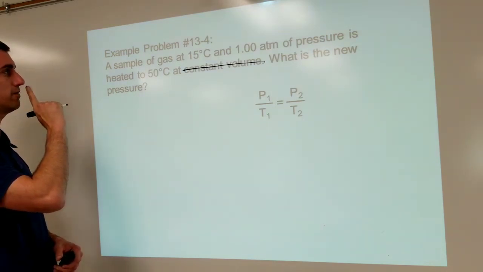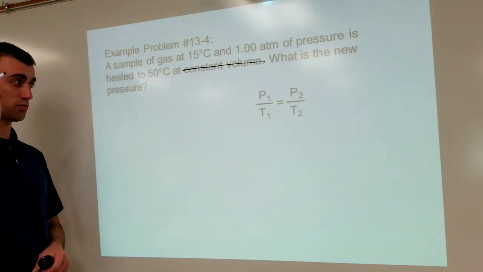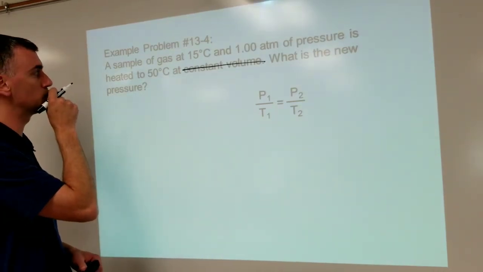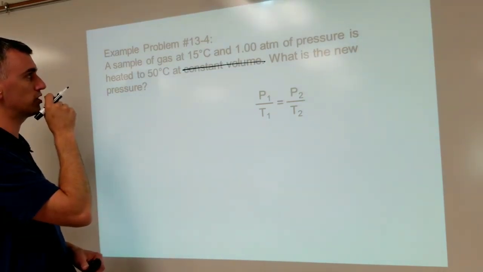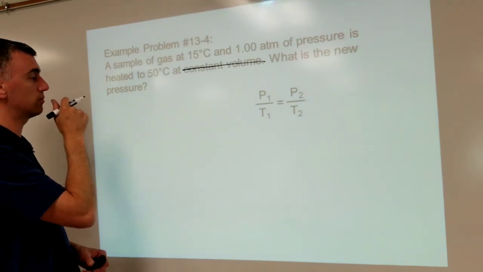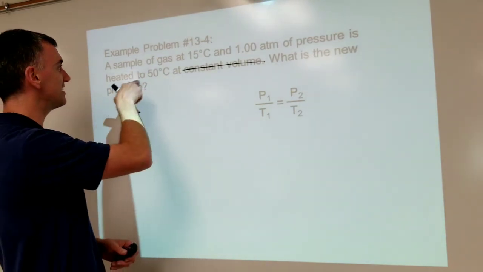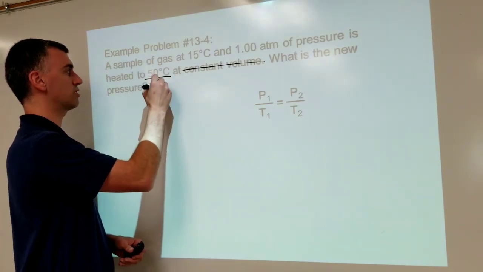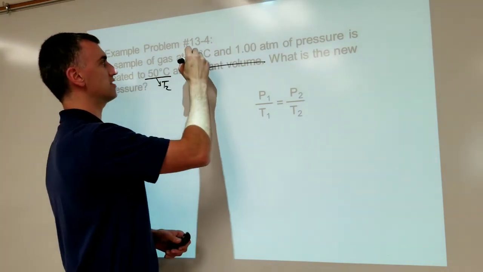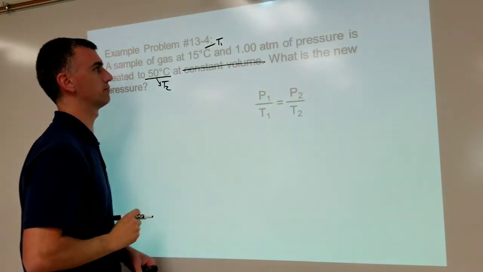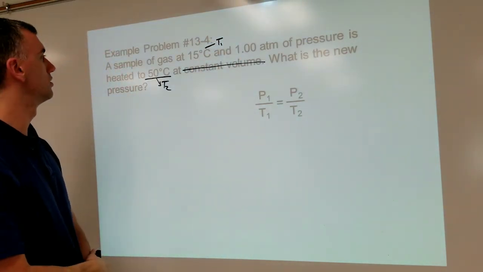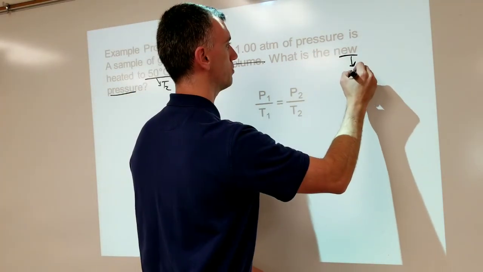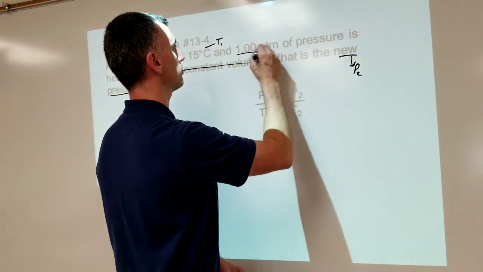So I'm reading this and deciding what's P1, what's P2, what's T1, what's T2. It's heated to this temperature, which means it becomes this temperature, which means it's temperature 2. And if that's temperature 2, this must be temperature 1. The new pressure would be pressure 2, which means the original pressure is pressure 1.